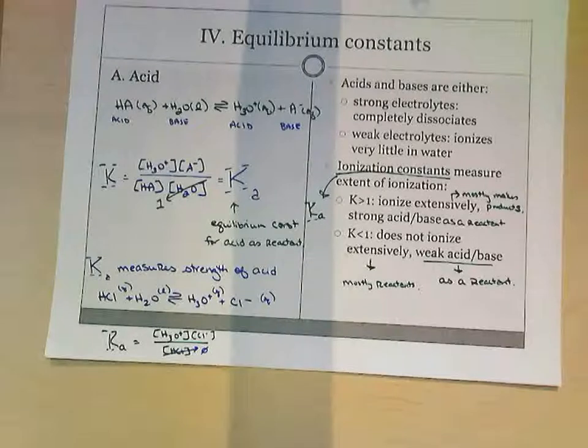So we can use these equilibrium constants to tell us about what sort of acid or base is reacting and how much product we can expect to make.